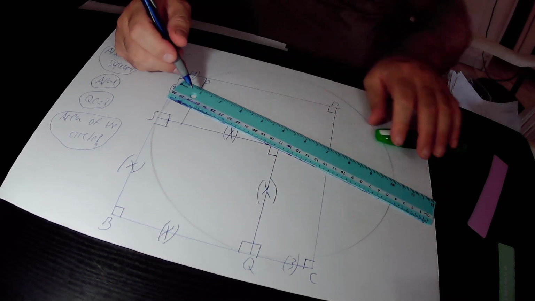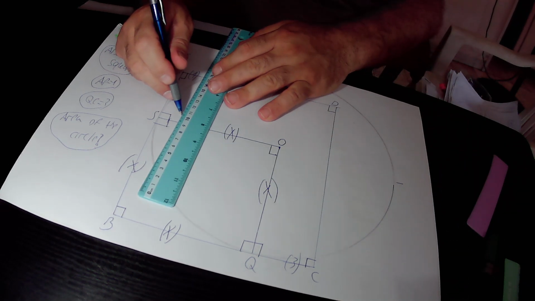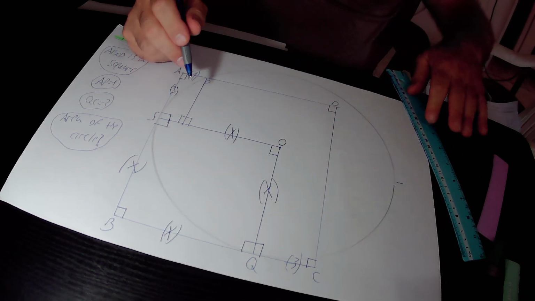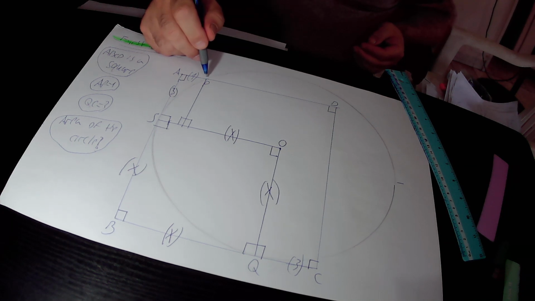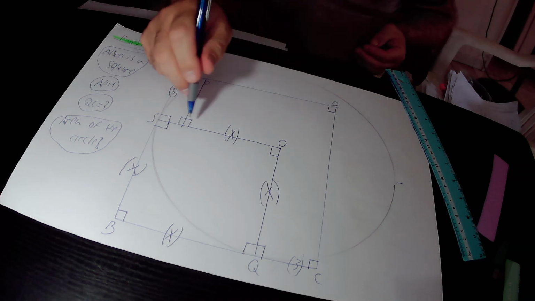So actually, this angle equals 90 degrees, and this angle also equals 90 degrees according to our construction. We define the touching point of the perpendicular from point P and the radius SO as point N.